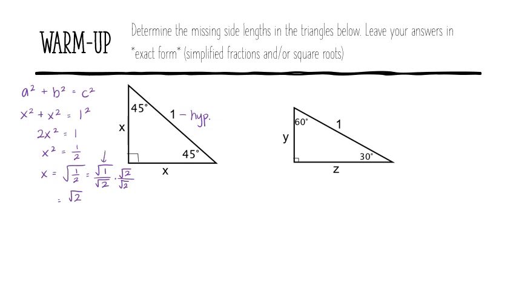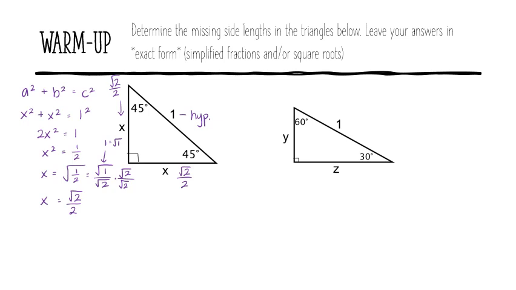I should have said square root of 1 is equal to 1. And that's over the square root of 2 squared, or just 2. So this means x is equal to the square root of 2 over 2. Both legs of my triangle here are equal to the square root of 2 over 2.